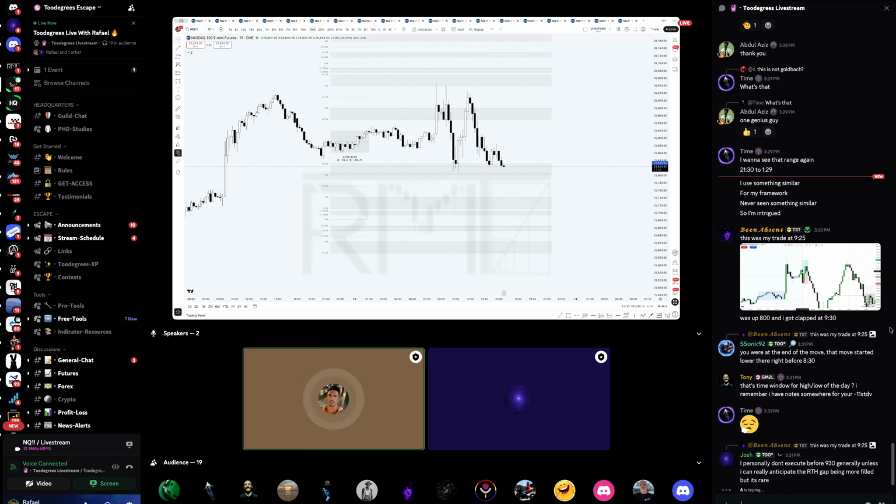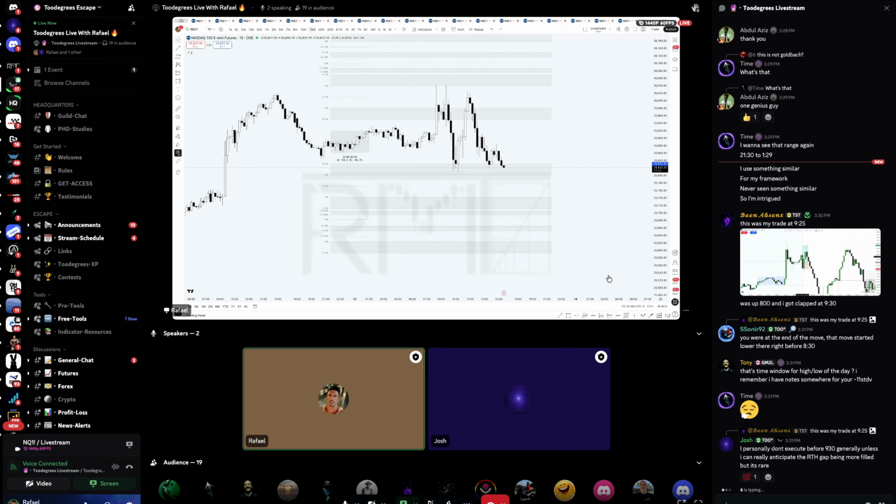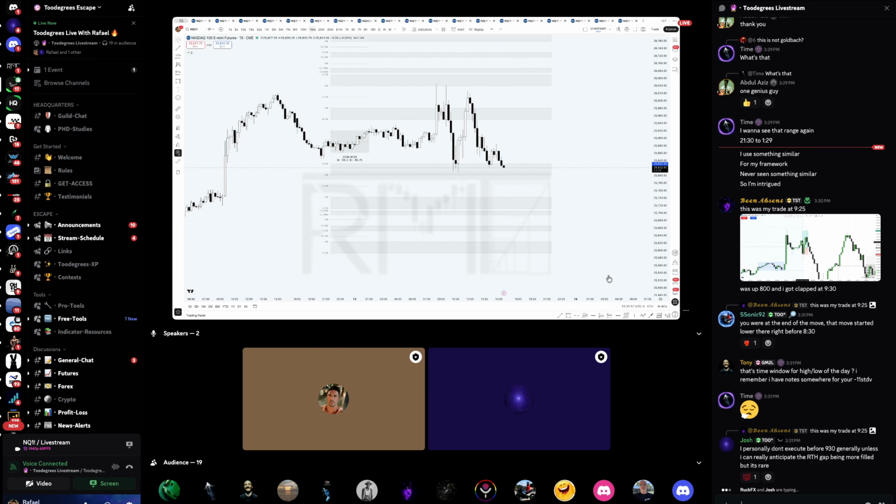No, the time window for the high and low of the day, Asia, is 9 to 10 p.m. usually. I don't have it on this chart, but 9 to 10 p.m. Like today, for example, we started a nice move at 8:30 because we had the CPI news.